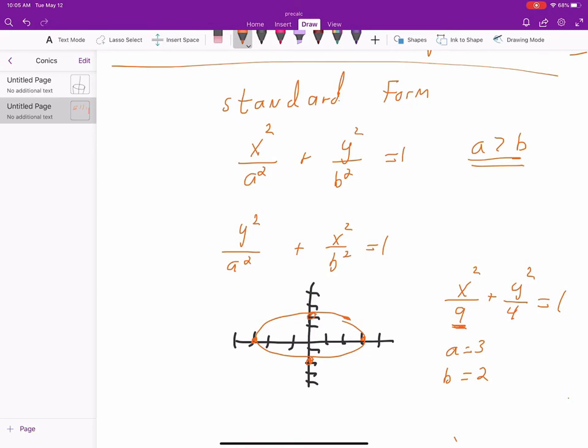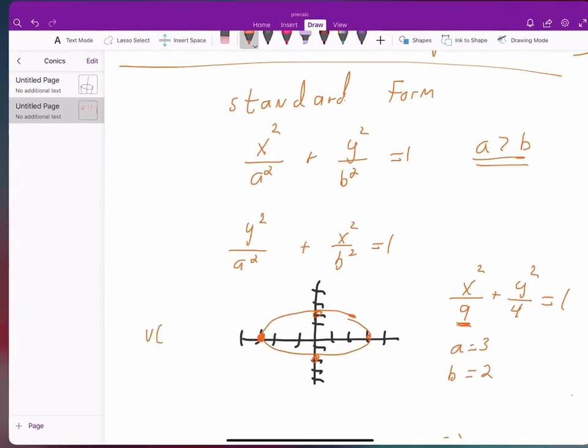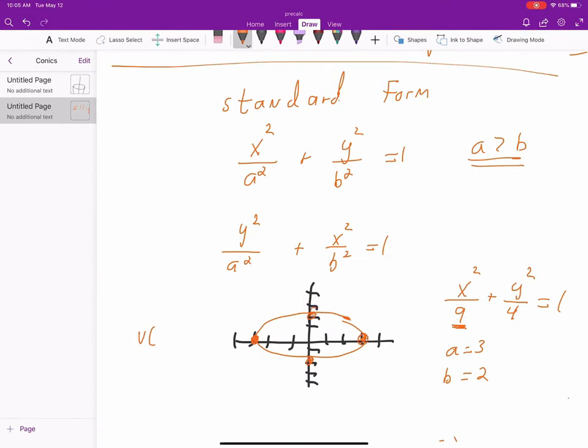It goes longer along the x-axis because the a, which is always bigger, is underneath the x. One of the things we would write here are the vertices. The vertices are plus or minus 3, 0, and 0, plus or minus 2. So that is an ellipse.